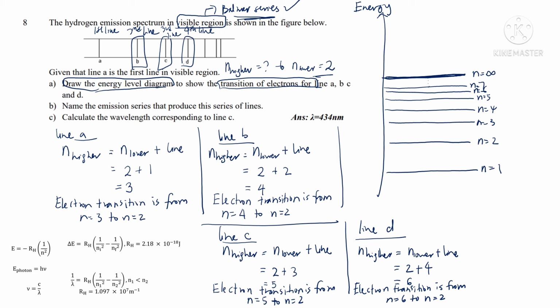Line A corresponds to the electron transition from n3 to n2.